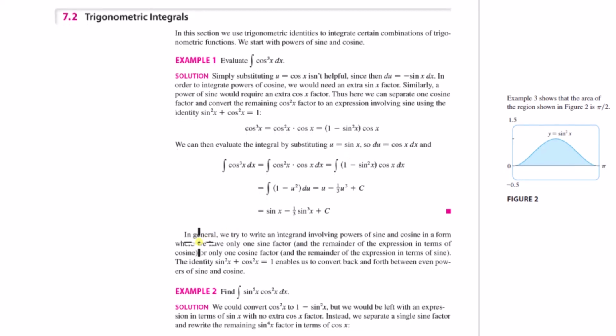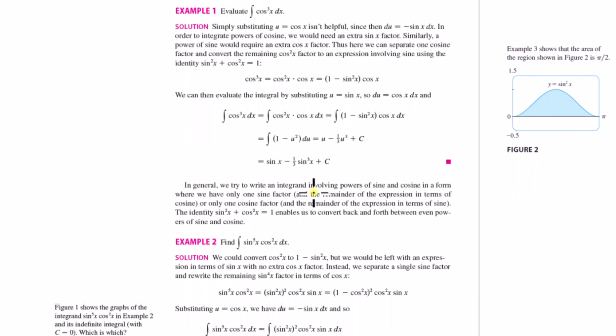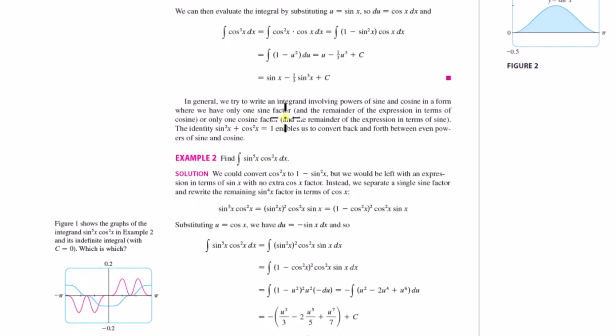It says, in general, we try to write an integrand involving powers of sine and cosine in a form where we have only one sine factor and the remainder of the expression in terms of cosine, or only one cosine factor and the remainder of the expression in terms of sine. That's the idea, because you want to substitute for sine or cosine, and then the resulting du is equal to sine x dx or cosine x dx.